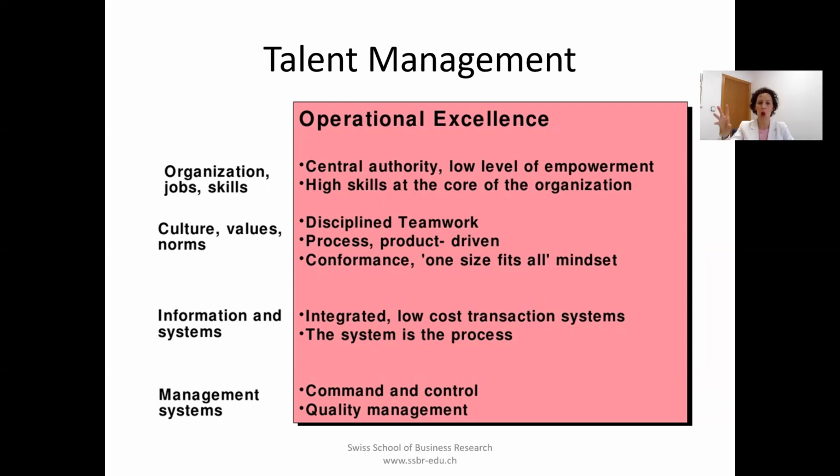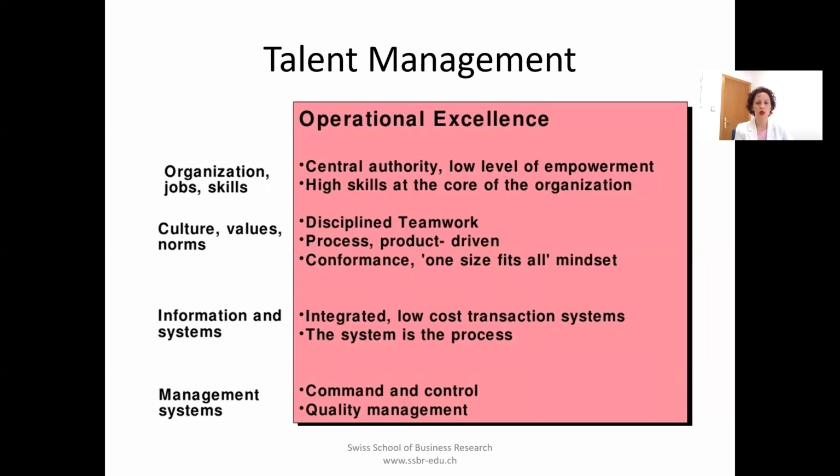There is the main boss. There is a low level of empowerment for the rest of the organization. The rest of the workforce has to do what they are told, basically. There are strict hierarchies. There are strict procedures, rules, guidelines, and everybody's expected to be aligned and to be following these procedures and guidelines.